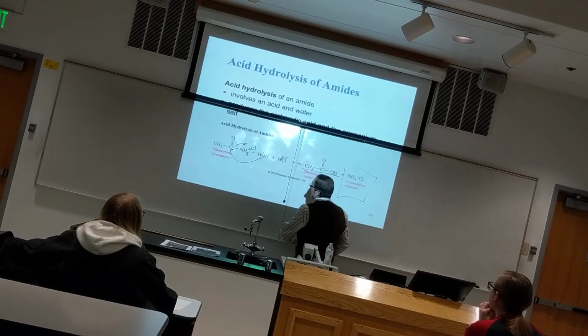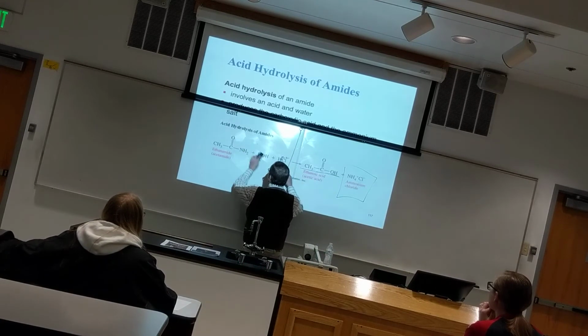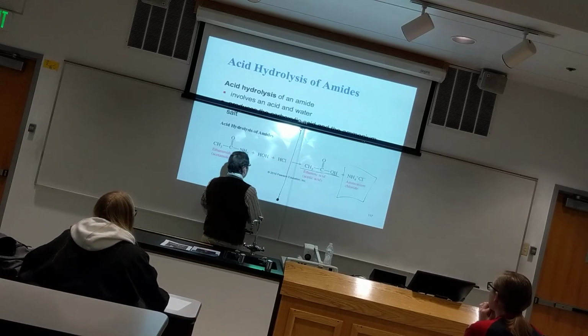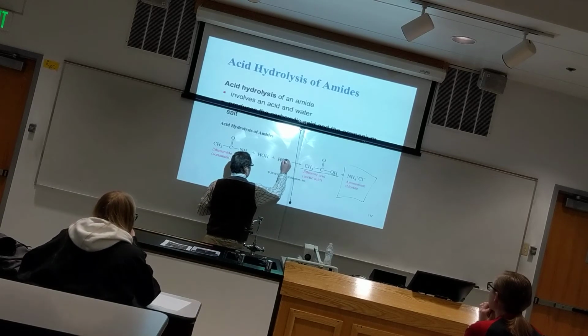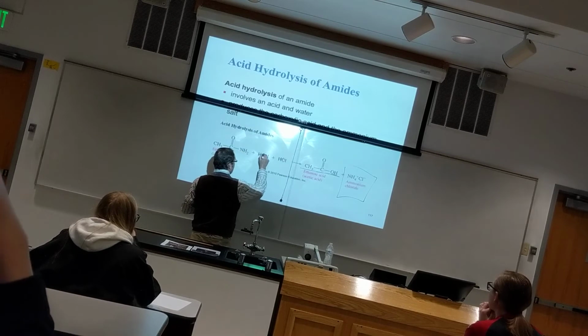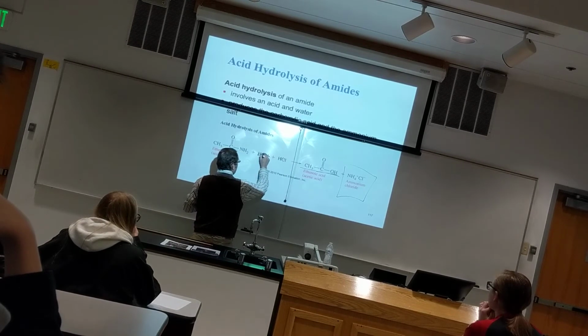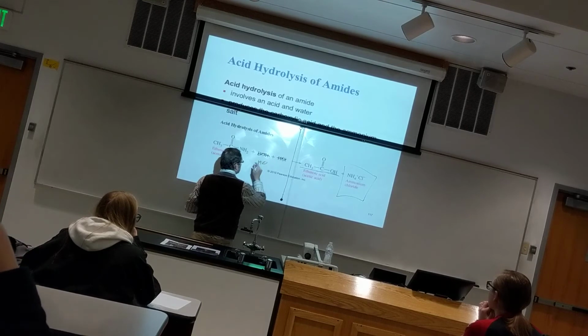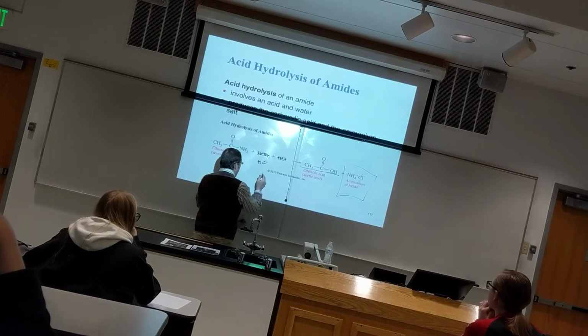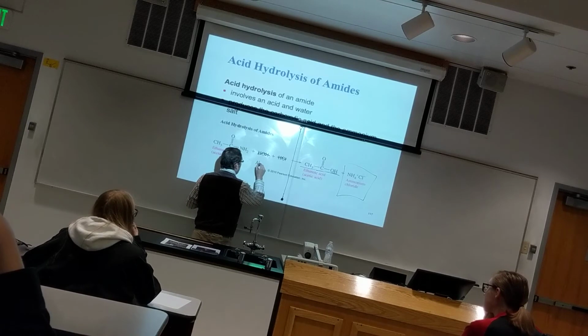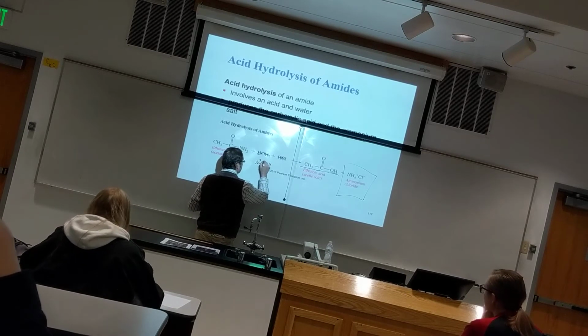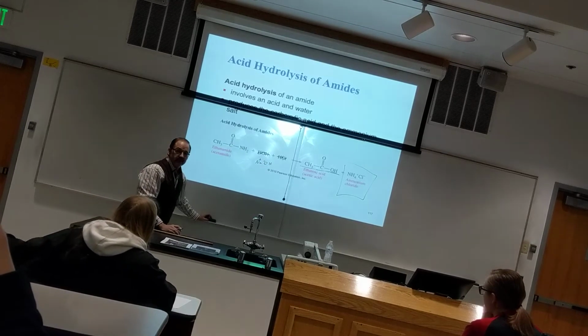If I do basic hydrolysis, that means I don't have this and I don't have this. What I do have is an HO minus, and it would actually be NaOH, Na plus HO minus, sodium hydroxide.